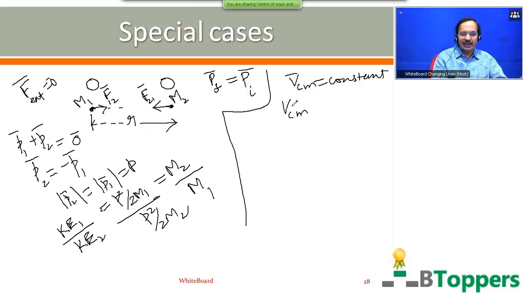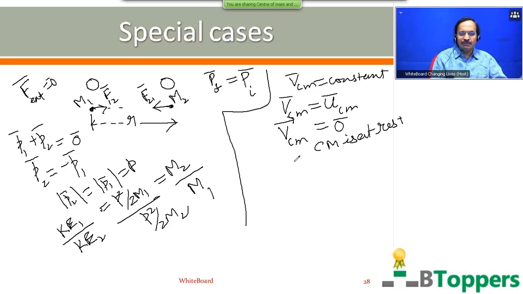That means the final velocity of the center of mass at a later instant will be the same as the initial velocity of the center of mass. If each particle is initially at rest, the initial velocity of the center of mass of the system is 0. So the velocity of the center of mass will be 0 during the subsequent motion. That means the center of mass of the system of the two particles will be at rest.